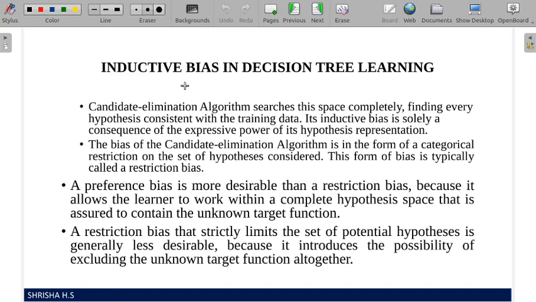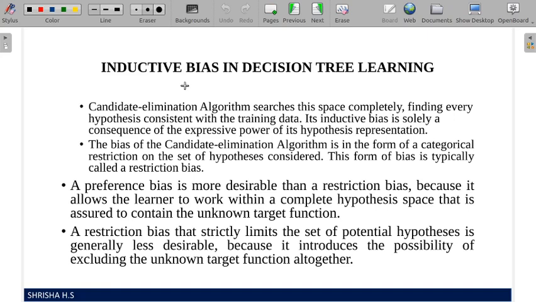Expressive power here means, for example, starting with all don't-care conditions, and then refining until only 5 don't-care conditions remain. That is the expressive power. The candidate elimination algorithm searches every hypothesis possible, as we saw while doing the algorithm.